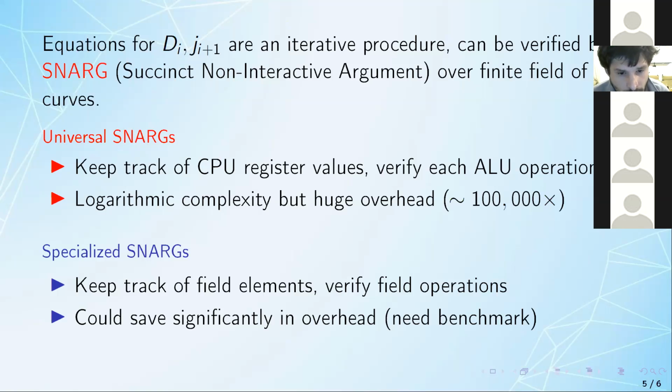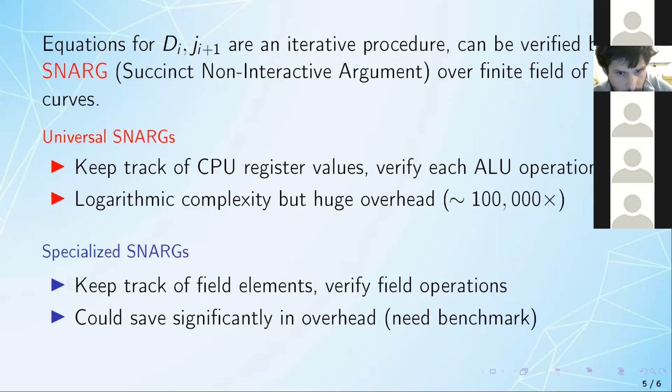However, we argue that this is the case for very generic SNARKs, whereas we can save in overhead by specializing to our case and building a SNARK over the field of the elliptic curve. A universal SNARK would, for example, keep track of all the register values in your CPU for any given program, and then verify each of the ALU operations.